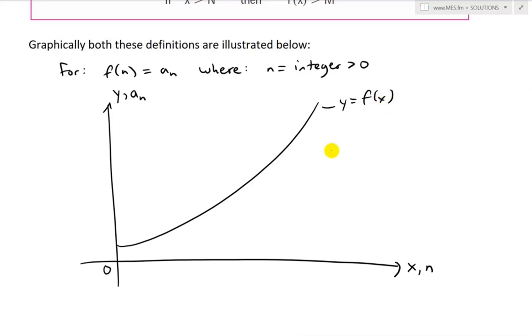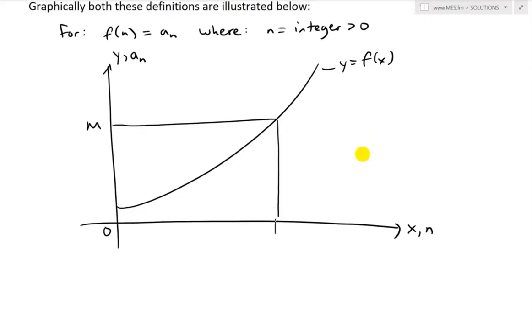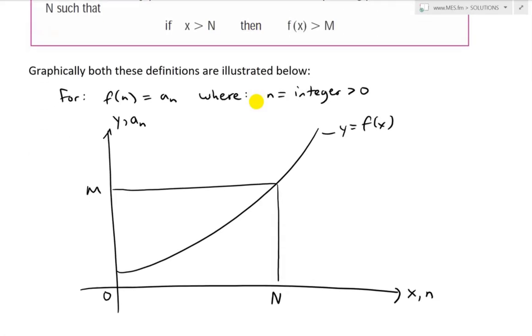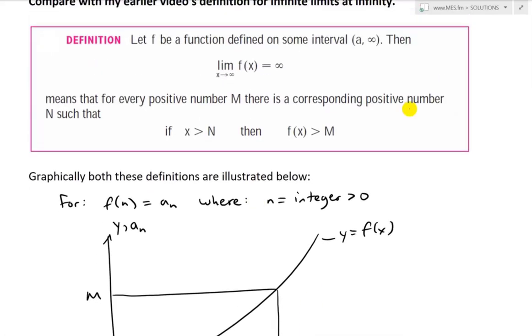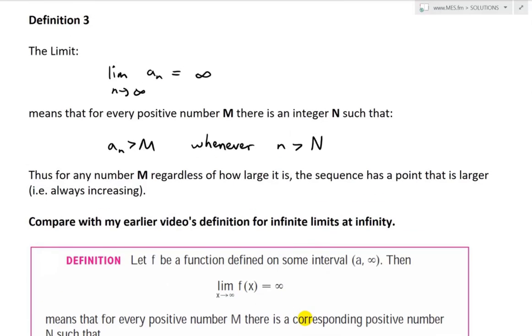If it's going to infinity, then there's always a number M over here such that this number M corresponds to a number N, in this case an integer for our other case. Right now it's going to be a number N, so all we do is replace a positive number with a positive integer.